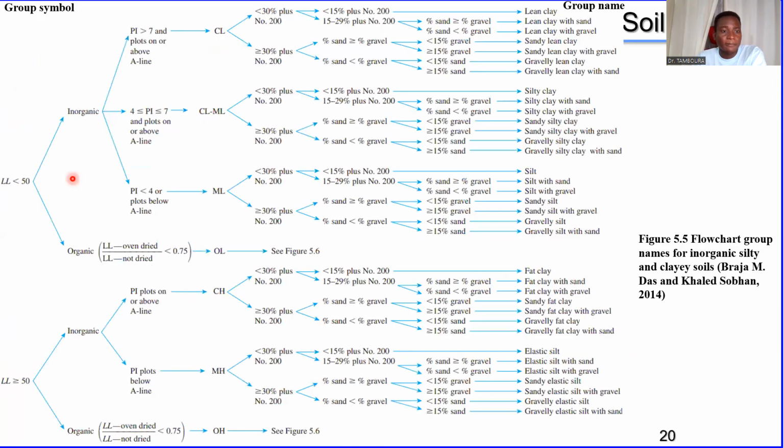And here as well, that is for fine-grained soil. The liquid limit less than 50, this part above, and liquid limit equal or higher than 50, this part. Okay, so just follow the arrows and you will get the names.